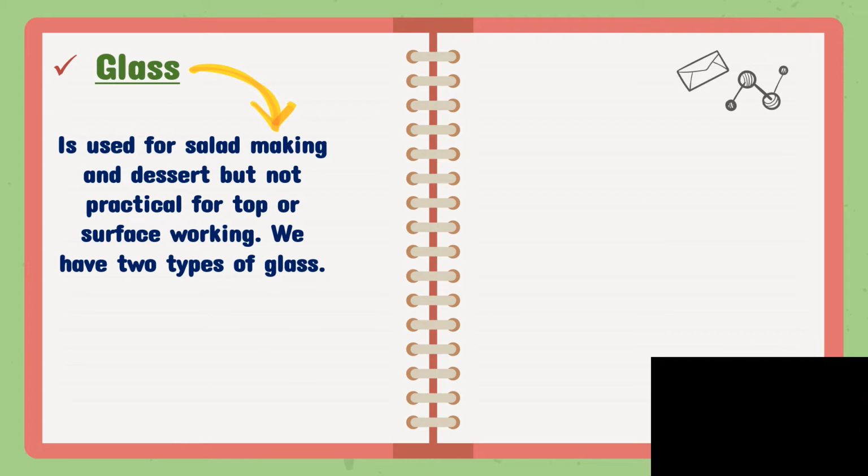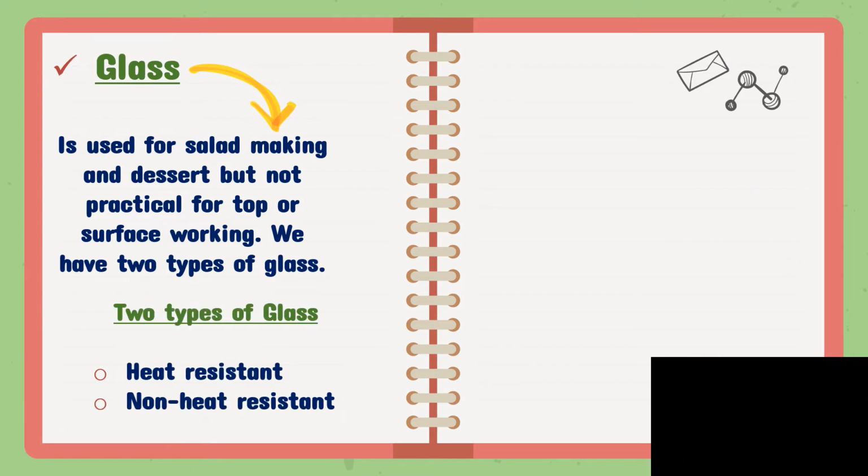Okay, next, number 3, glass. It is used for salad making and dessert, but not practical for top or surface working. We have two types of glass, heat resistant and non-heat resistant. So, pag sinabi natin heat resistant, ito yung pwede nating ilagay sa oven, sa microwave, pwede natin paglutuan ng baked macaroni or cassava.